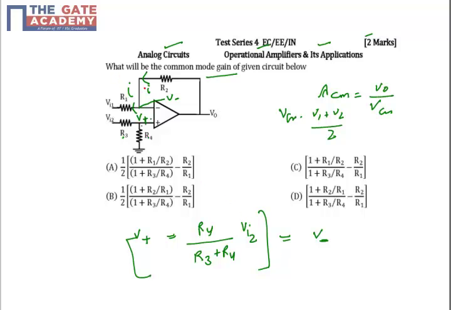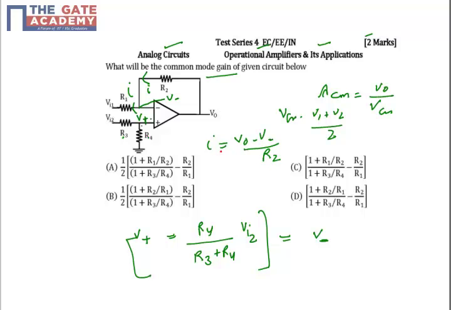Now the current I which I assumed across R2: from Ohm's law, current flows from high potential to lower potential, moving out from V0, so I is (V0 minus V minus) upon R2.